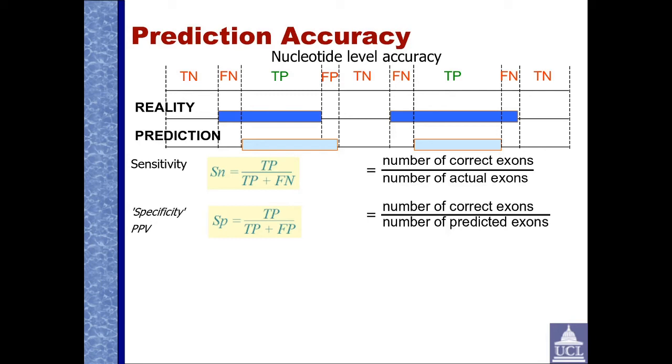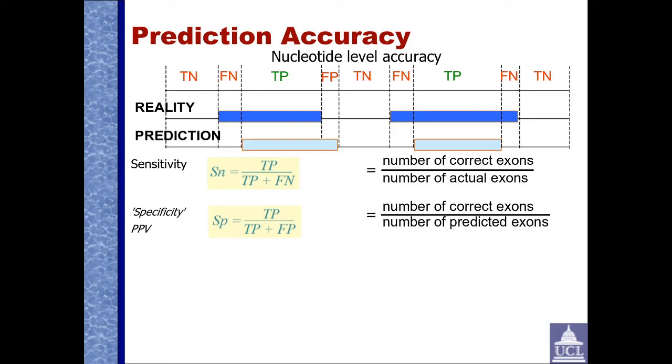Now, in the machine learning world, where we often use this sort of statistic, this is not called specificity. Specificity refers to something else. It's actually true negatives over true negatives plus false positives. So it's kind of the sensitivity for the negative state instead of the sensitivity for the positive state.